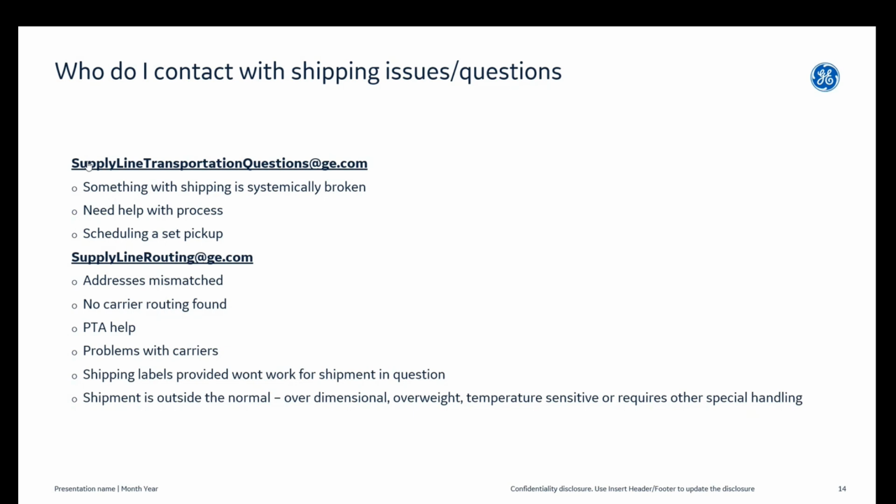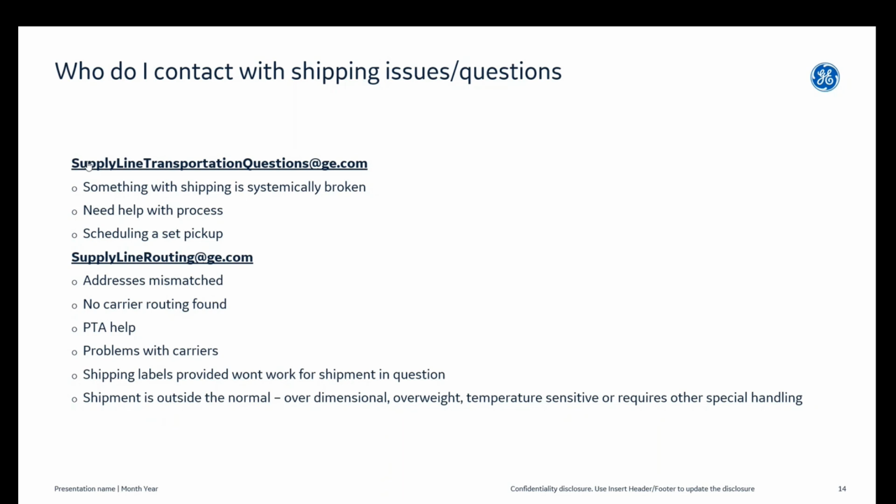We're there to help you if something is broken, you need help with the process, or you need help trying to get a pickup scheduled. SupplyLine routing at ge.com: this is the Team Allen team, if you've ever worked with them. It's Allen International. They're more on the transactional side. So if an address is mismatched, if no carrier routing is found, or if you need help with the PTA process, they're really good at that process. They can help you there.